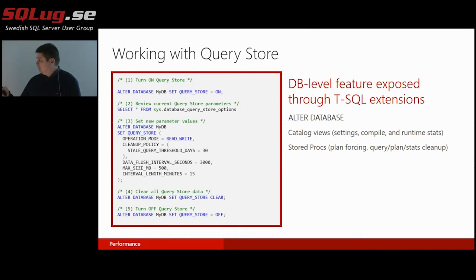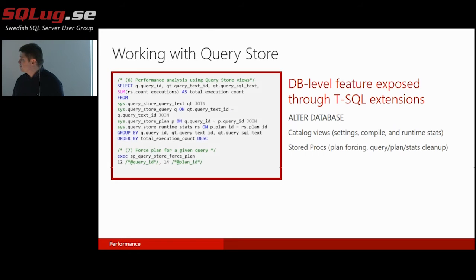It was a question if the query store is included in the backup. Yes, it is. So if you restore the database in a new place, you have all the old historical information from the query store with you. The query store also works on read-only databases. That means you can do select, you can choose plans, but you cannot generate new plans in that case.